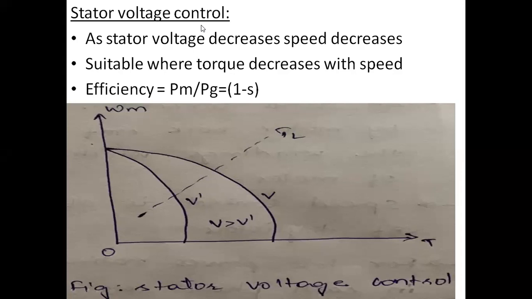So we are considering the induction motor in the high slip region, and by increasing or decreasing the stator voltage there, we are able to control the speed.